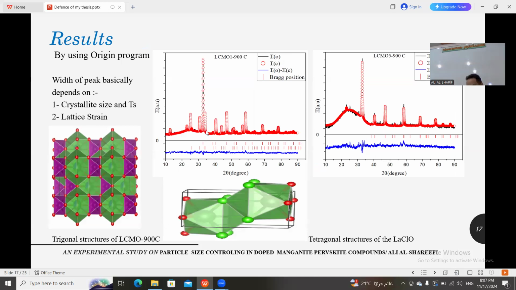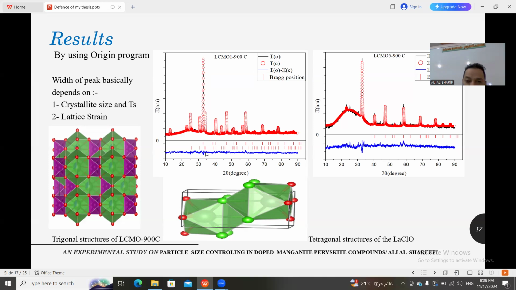After that, how could I plot these peaks? I could plot these peaks by using the original program. Here, the observed intensity is the black line, the red circles are the calculated intensity.